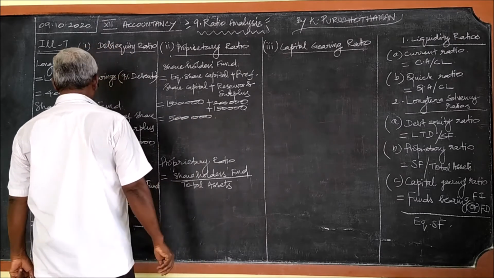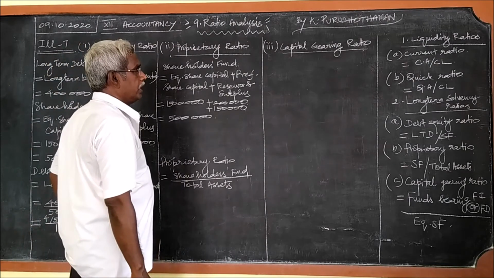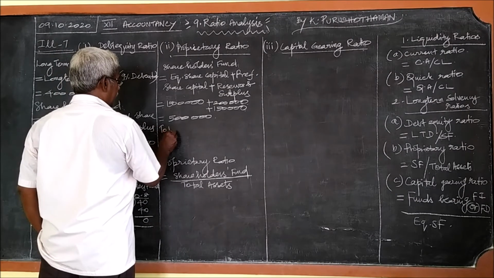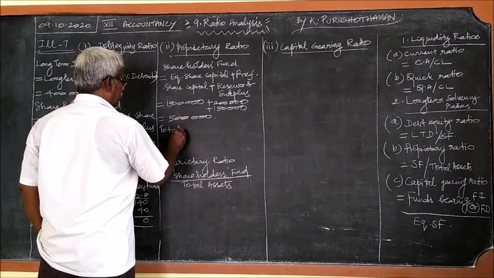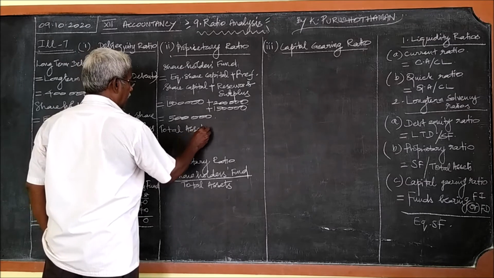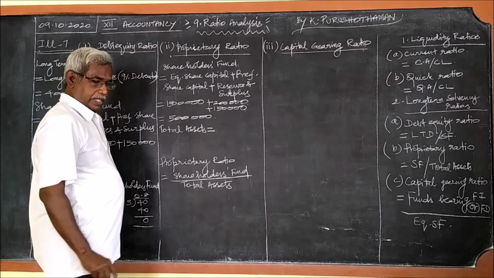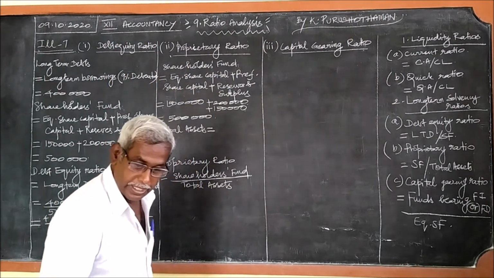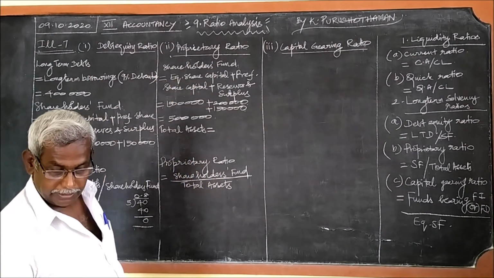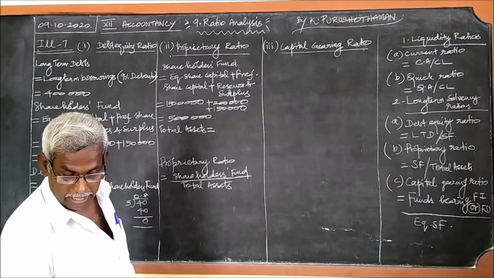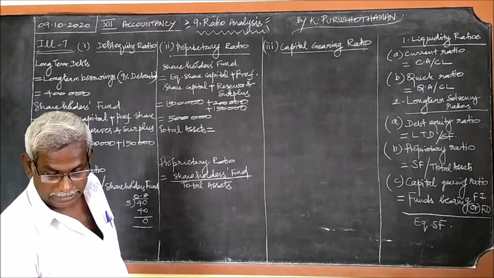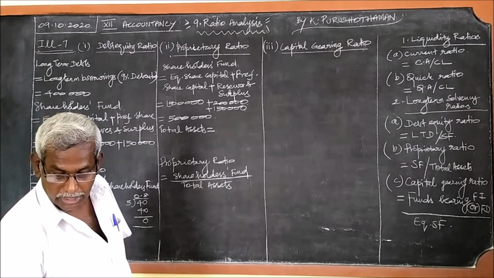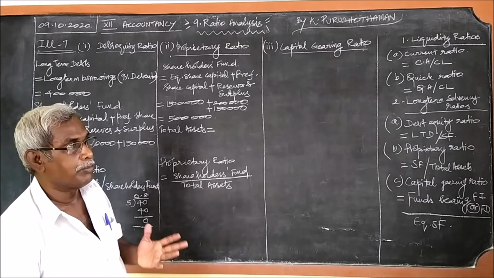This is shareholders fund. Then what about total assets? Total assets is the denominator. Luckily, in the problem itself, the total asset value is given as 10 lakhs. You can find it in the book, illustration number 7. Assets, non-current assets, current assets, and these two items are given, and to your luck the total itself is given in the problem.